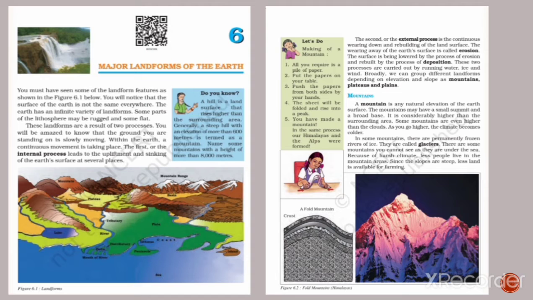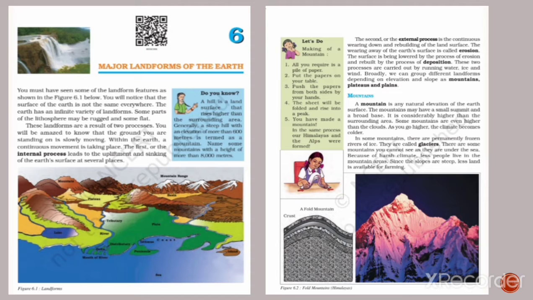Internal processes operate inside the earth. They lead to the upliftment and sinking of the earth's surface at several places. External processes operate on the surface of the earth. It is the continuous wearing down and rebuilding of the earth's surface.